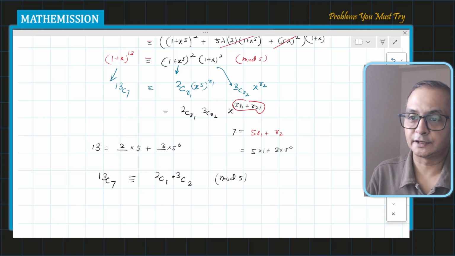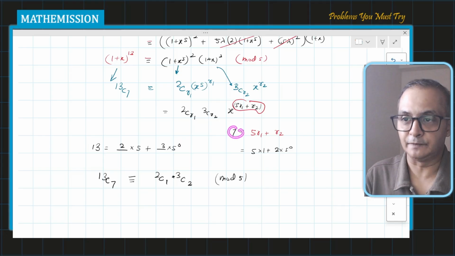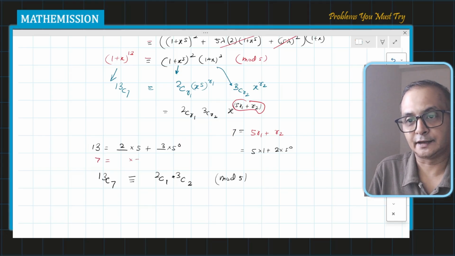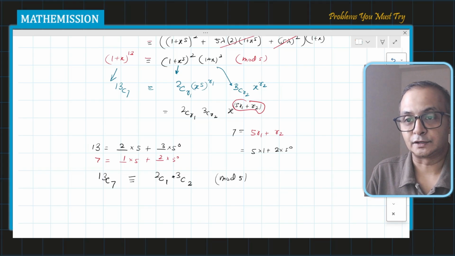In the similar way, this 1 and 2 is coming from the similar kind of operation we are going to do on 7. I have this 7, and I'm writing it again with the base of 5, that is going to be 1 this time, and that is going to be 5 to the power 0, so that is going to be 2 this time. So this is 1 there and then 2 there.